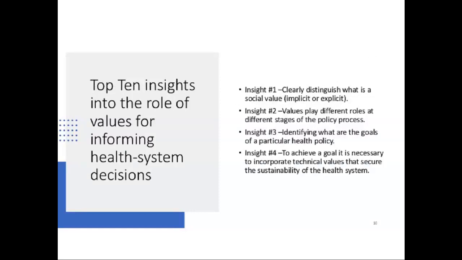Second, that values play different roles at different stages of the policy process, and this role depends on what is expected by the policymakers and by the stakeholders. The insight number 3 is that identifying what are the goals of a particular health policy is the most important thing to guiding the policy development according to the values.